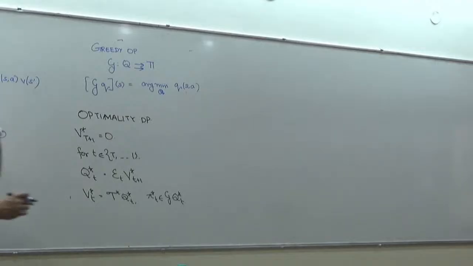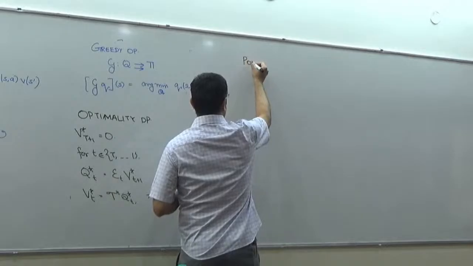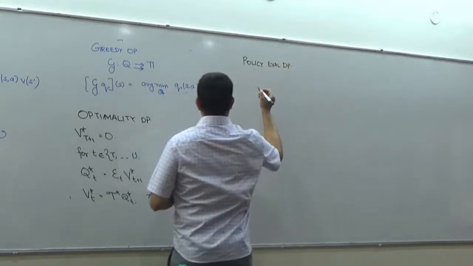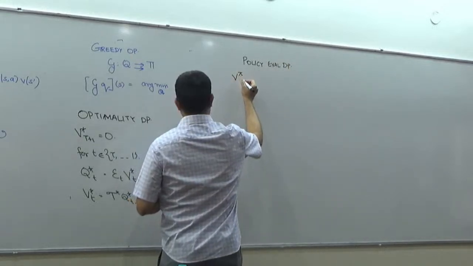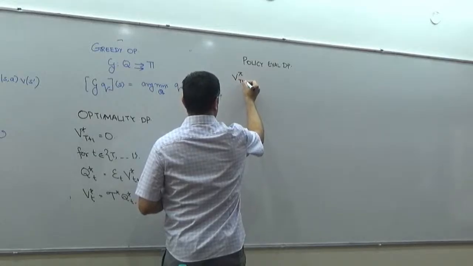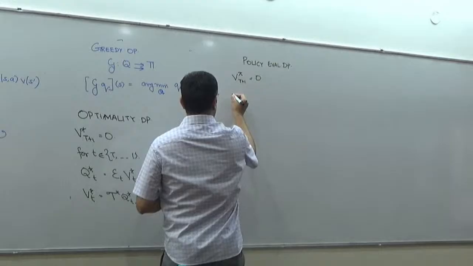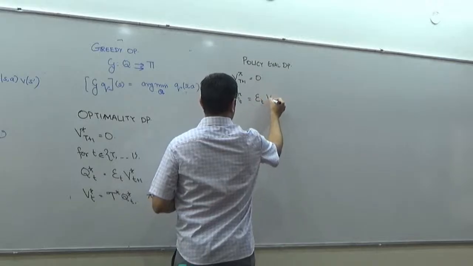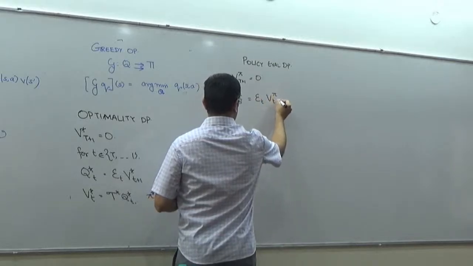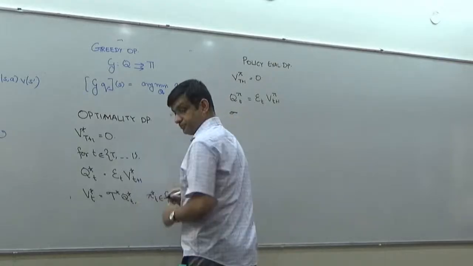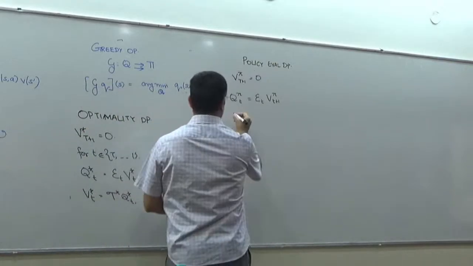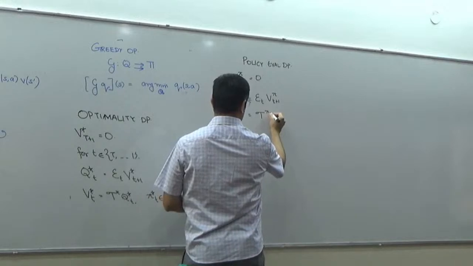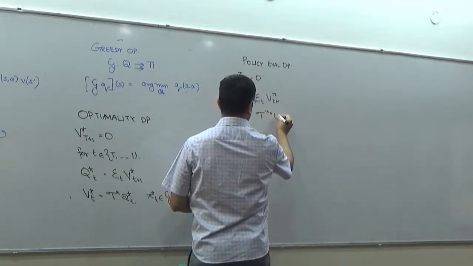And I will now write the policy evaluation DP: v pi t plus 1 equals 0, q pi t is the environment operator applied on v pi t plus 1, and v pi t is the policy evaluation operator of pi t applied on q pi t.